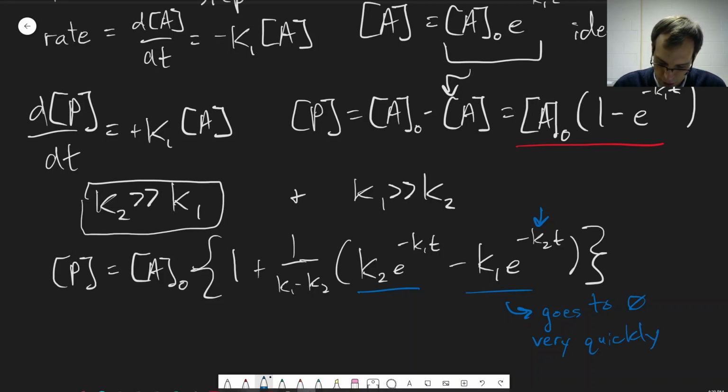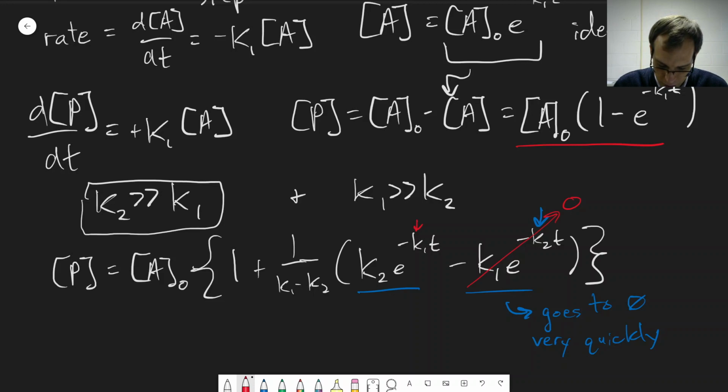So the first term will be much bigger than the second term, and we can approximate that the second term goes to 0 because of that very large value of K2.